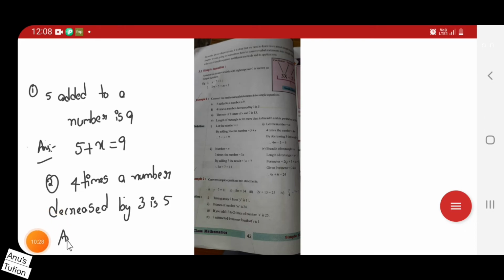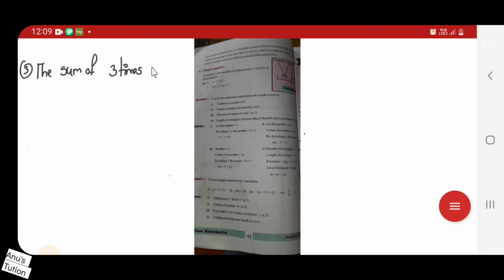We will write the simple equation for this. 4 times a number decreased means we will get the minus sign, by 3 is 5. This is a simple equation for the given verbal statement, or mathematical statement.